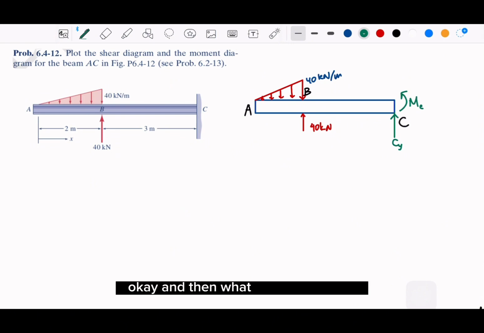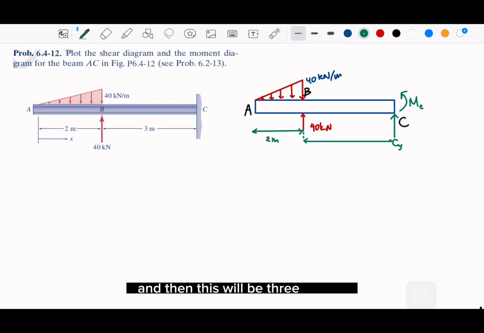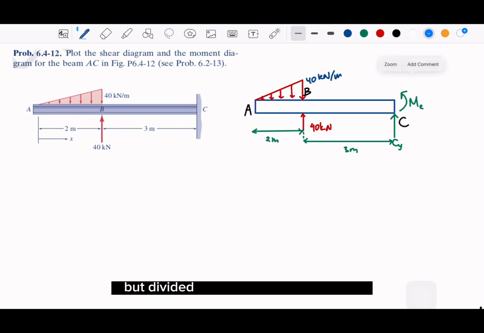Okay, and then what else do we have? The distances, right? This is 2 meters, and then this will be 3 meters. Okay, the distributed load we can simplify. For the triangle, the base is 2 meters, the height is 40, so this will be 80 divided by 2.